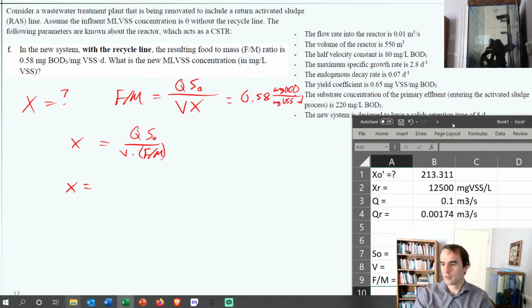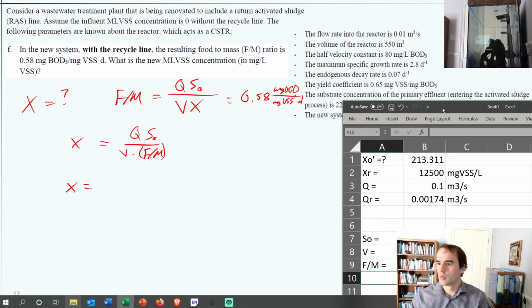So then our new X is going to be equal to the Q times the S naught divided by V, also divided by the food to mass ratio.